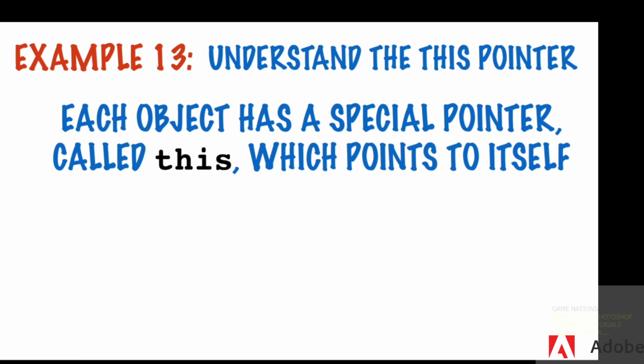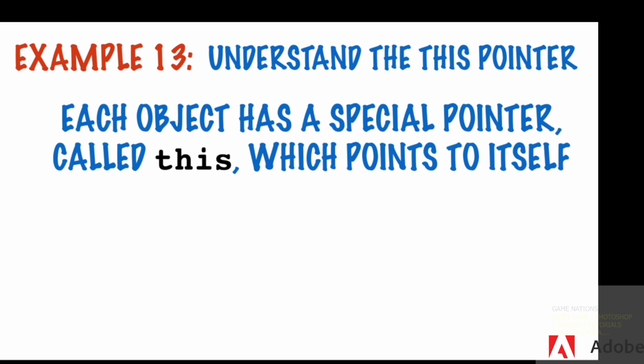Note that it's each object, not each class. That means blueprint and house, each house has a special pointer called this, which points to that house. Within house 1, it points to house 1, and within house 2, the this pointer points to house 2.